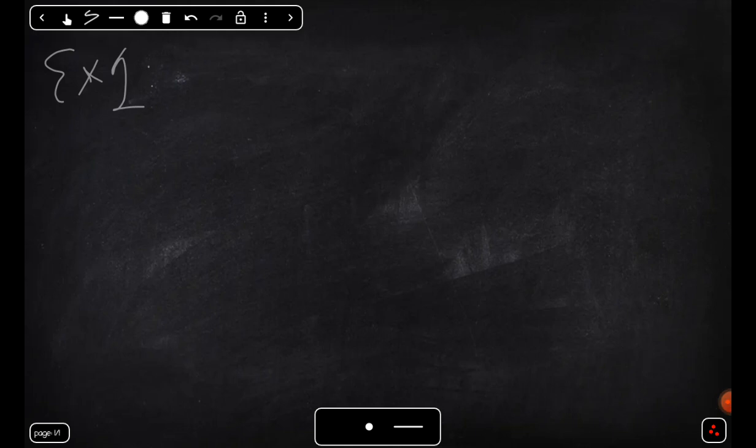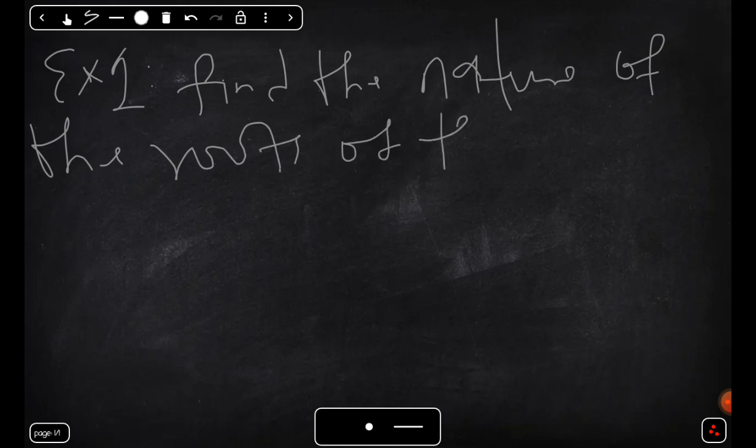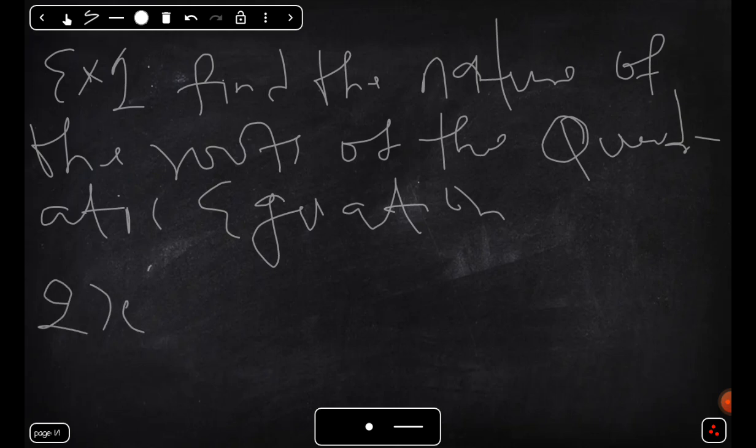So the example here says, find the nature of the roots of the quadratic equation 2x squared minus 3x minus 20 equal to 0.